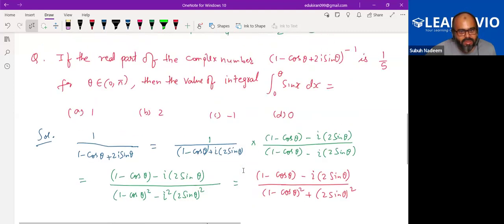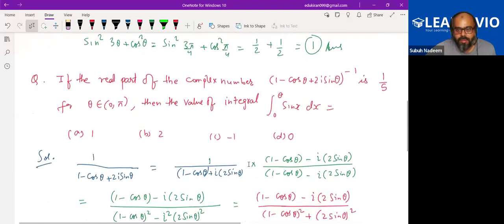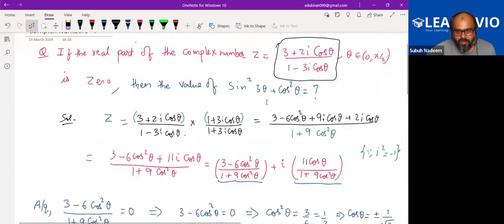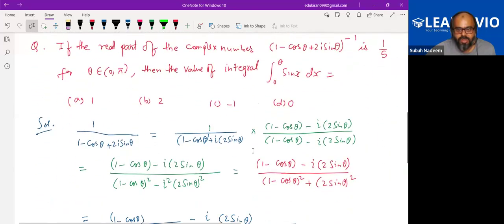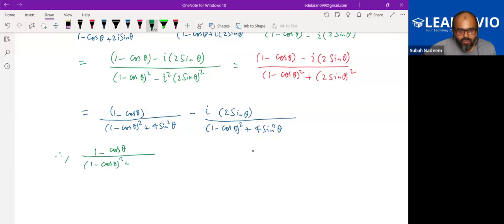Now again, it is slightly similar to the previous question, because here also it is saying that the real part is 1 by 5. In the previous question, the real part was 0. So the approach is somewhat similar. Therefore, the real part (1 − cos θ) by (1 − cos θ)² plus 4 sin² θ is equal to 1 by 5.